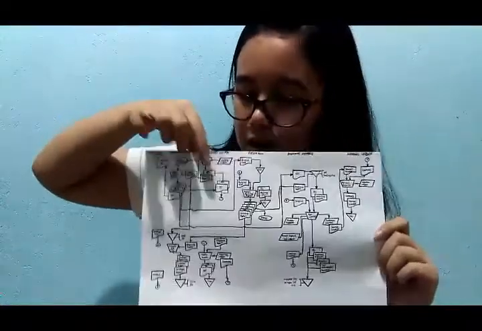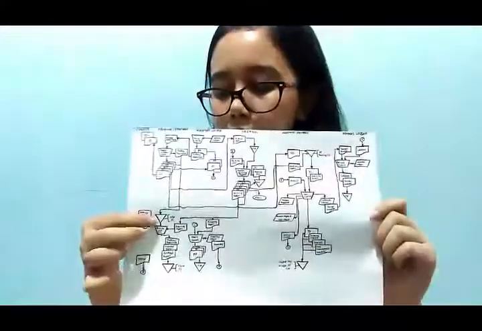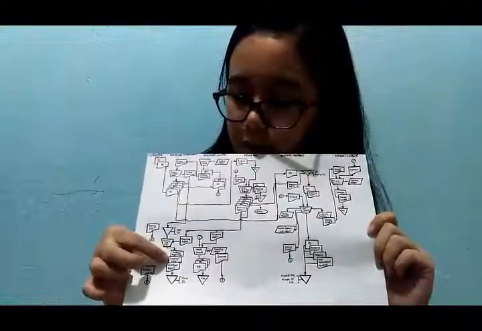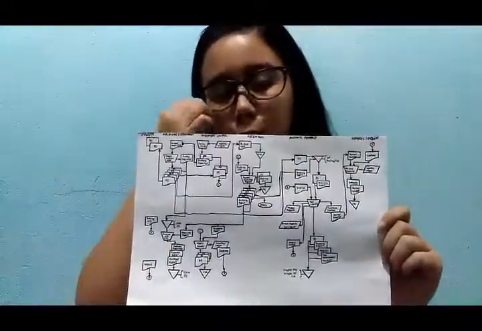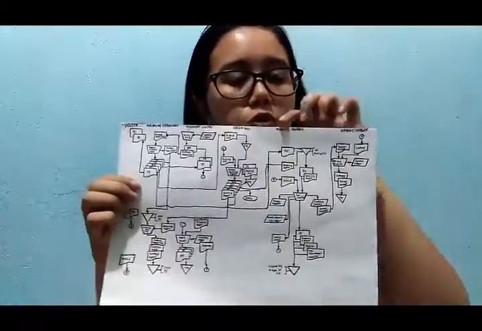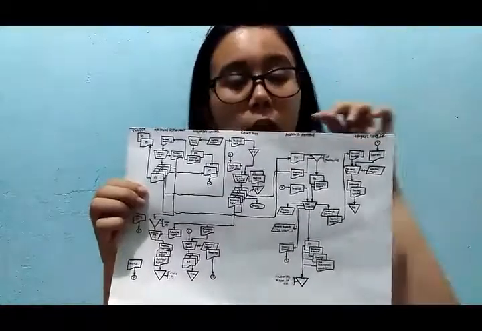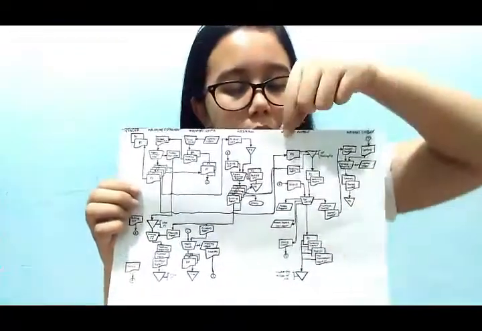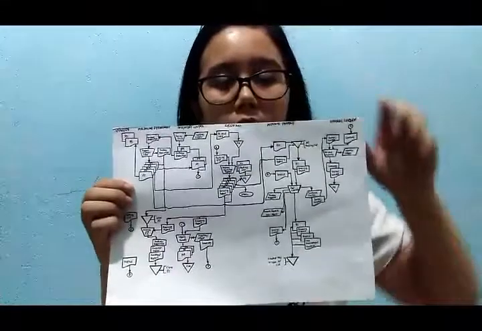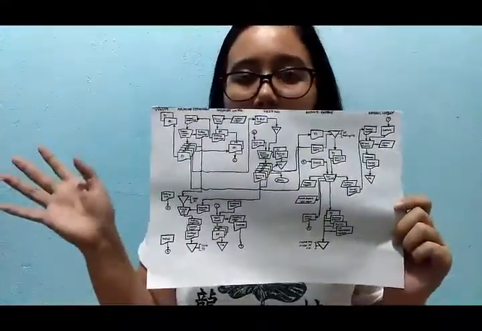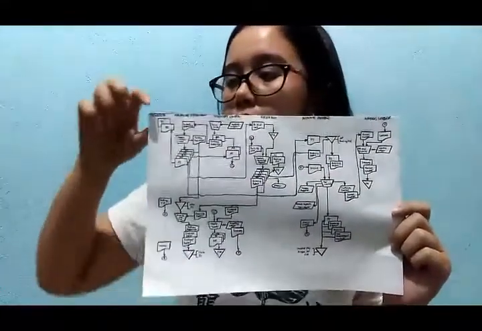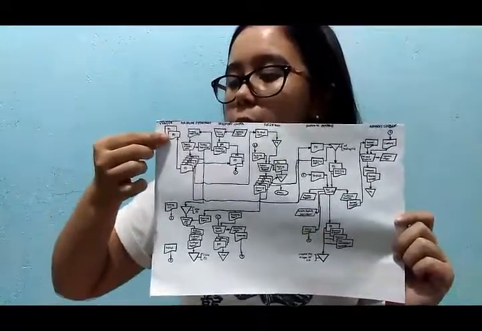The third purchase order will be sent to the purchasing department here. The fourth purchase order will be sent to the accounts payable department here. And the fifth or last purchase order will be sent to the vendor here.